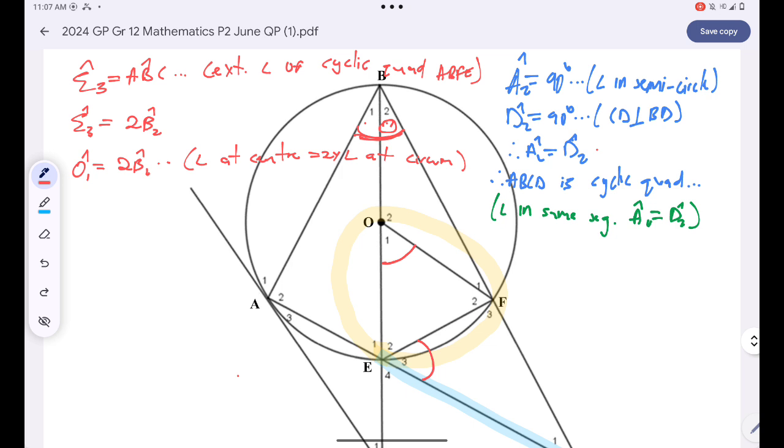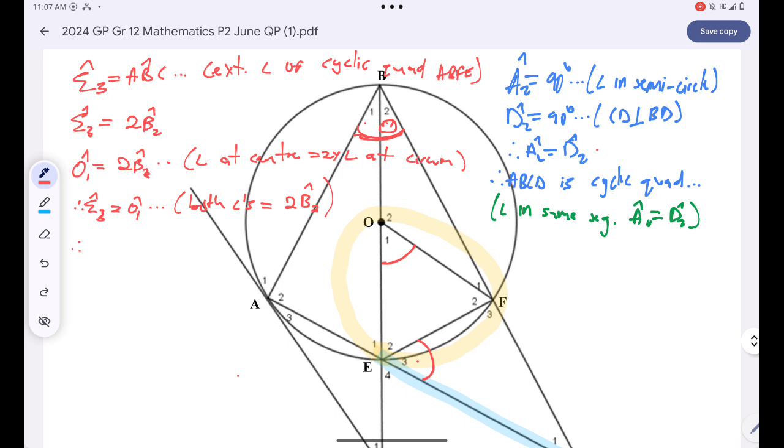So I now know that E3 is 2 times angle B2, as well as O1 is 2 times angle B2. Therefore, E3 is equal to O1 because both angles are equal to 2 times angle B2.